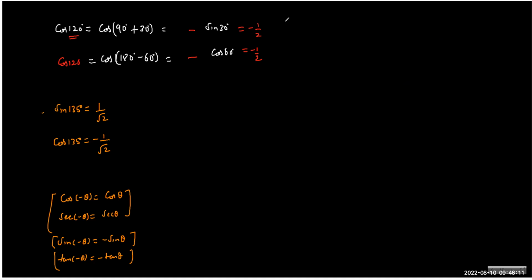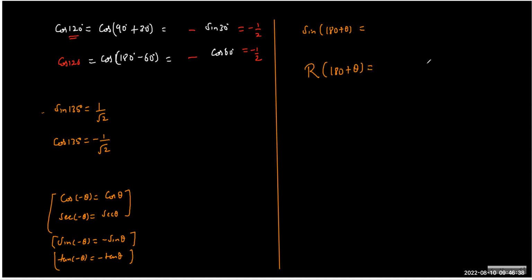So now, of course, having these rules in place, I can generalize these rules further. The last is pretty obvious. 180 plus theta. Come on, guys, tell me. It's again the supplementary rule. In supplementary, what happens? The ratio remains the same: sine, sine; cos, cos; tan, tan; cot, cot; sec, sec; cosec, cosec. So I can say any ratio of 180 plus theta will be the same ratio of theta with a plus or minus sign, which we decide with the help of the quadrant.